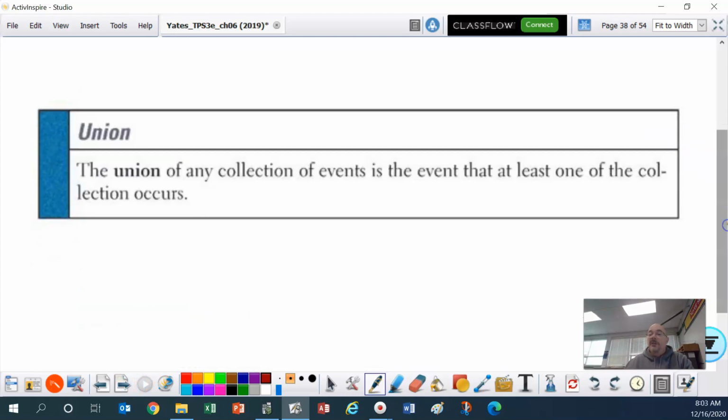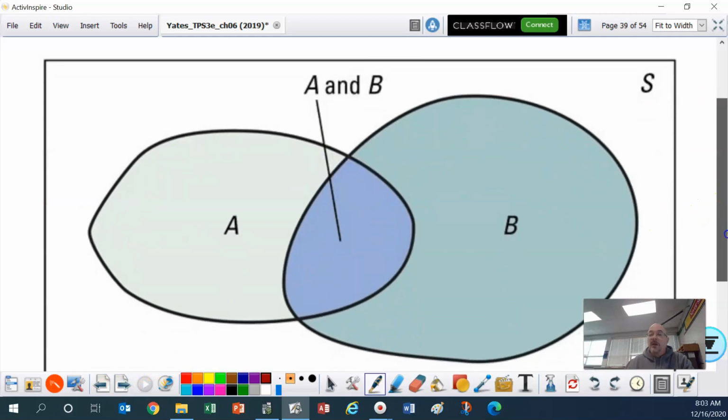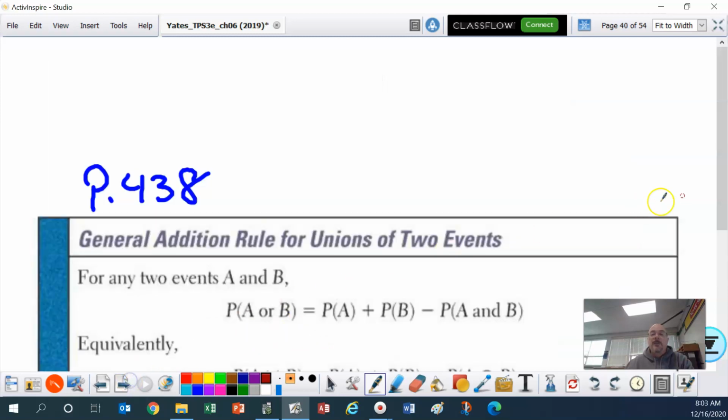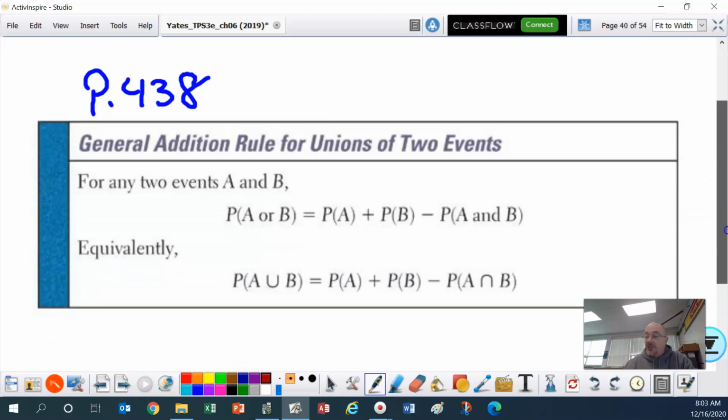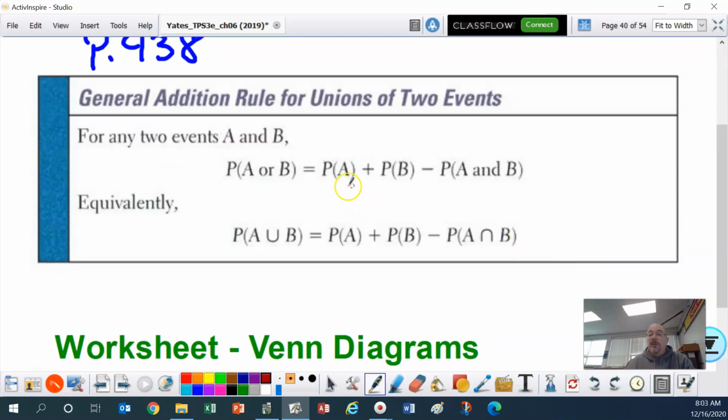If they have a union, which I talked about earlier, that's what the Venn diagram would look like. They share something. And here's the extension of that rule that I just wrote in: the probability of A plus the probability of B minus the probability of A and B. Here are the symbols, folks.